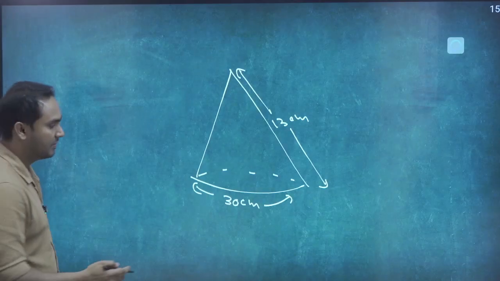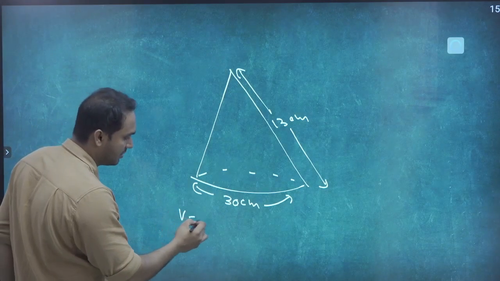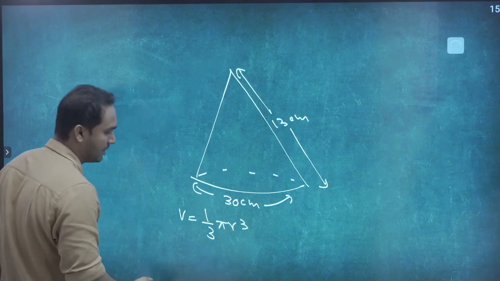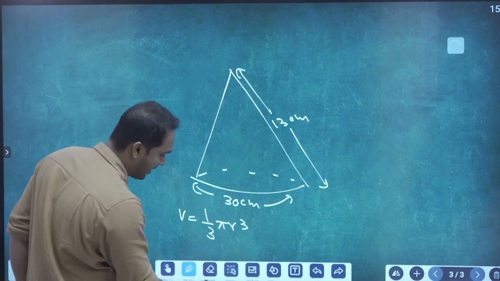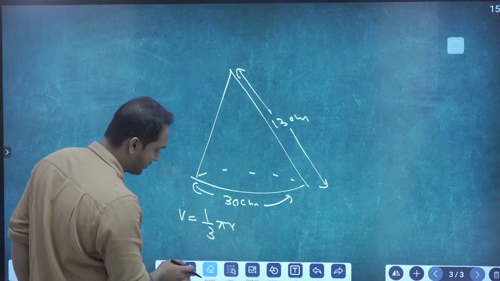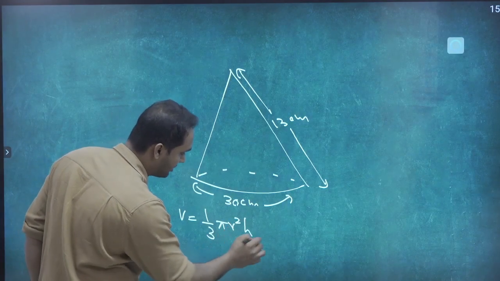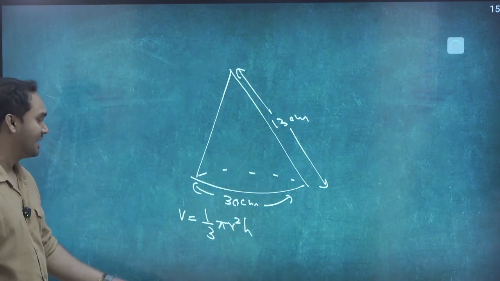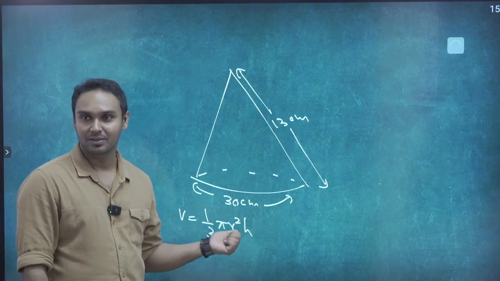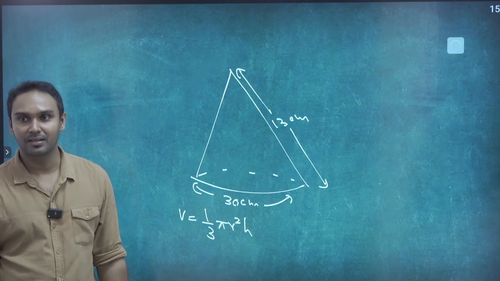Now what is the volume of a cone? 1/3 πr²h, right? That will be πr²h. Yes. So what is r here? Is it given? No, you're supposed to find it. How are you going to find the r?